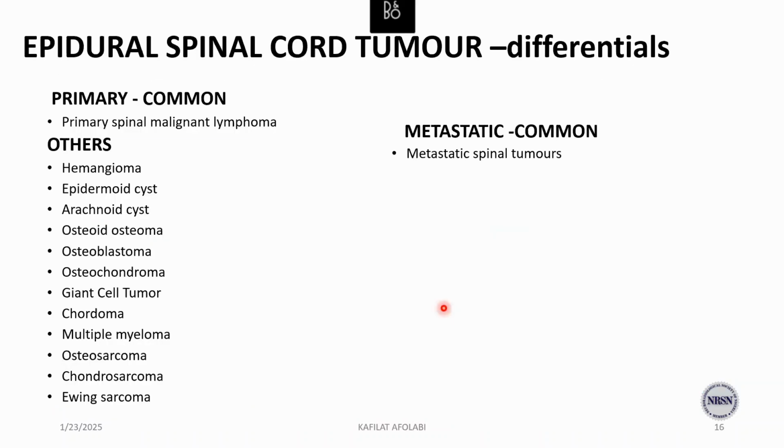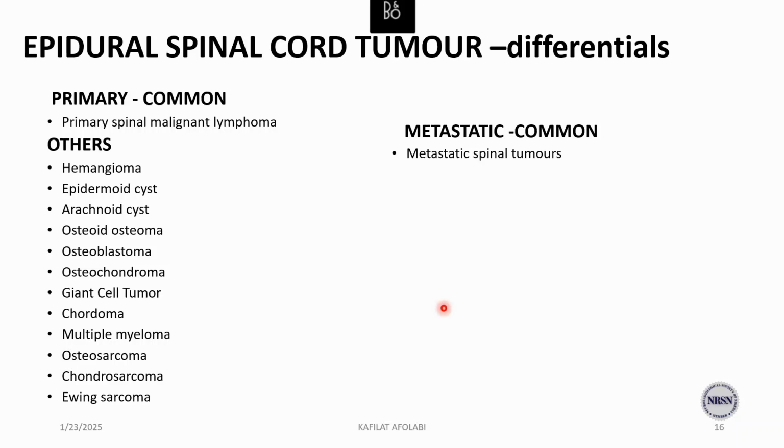Like I said earlier, the spinal cord tumors are a heterogeneous group of tumors, which includes, for example, the epidural group. This group includes tumors that are primarily osseous lesions, but extend into the spinal canal or involve the spinal cord.